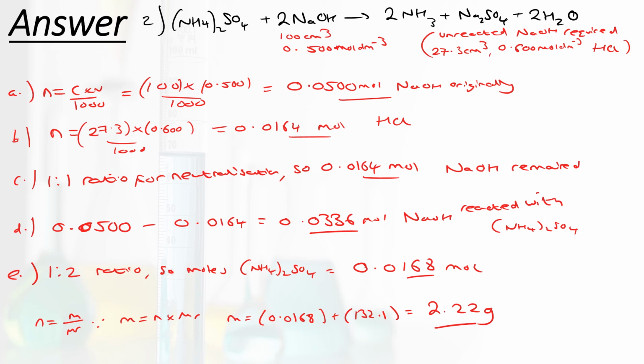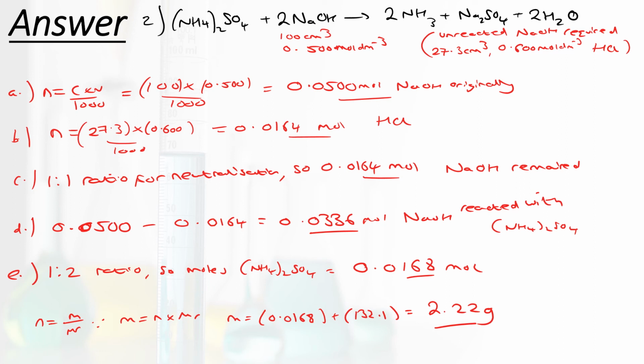We're then asked to work out the moles of the HCl that we've added to neutralise that excess sodium hydroxide. Again, same kind of calculation, the solution moles, we take the concentration times the volume. Remember to convert the volume into decimetres cubed, and we get 0.0164 moles of HCl that had to be added.